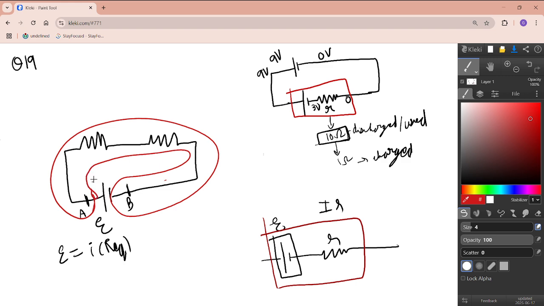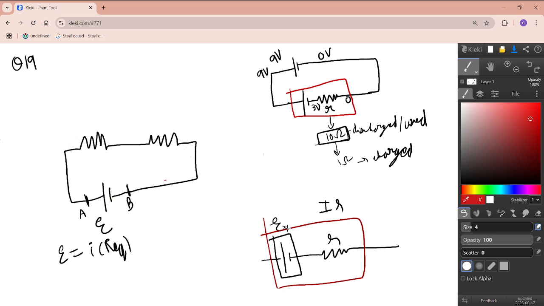Of course, wires are taken as ohmic and the resistors are taken as ohmic. This battery, my friends, since we are considering the current going from the positive terminal to the negative, just talking about this lonely thing, then the electromotive force will not be equal to IR.